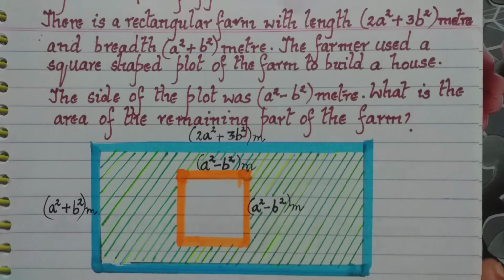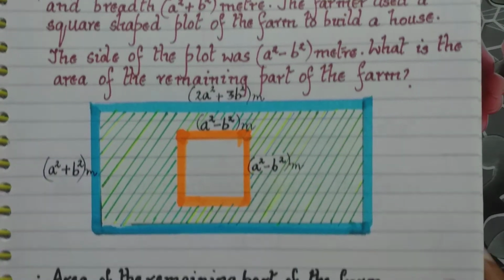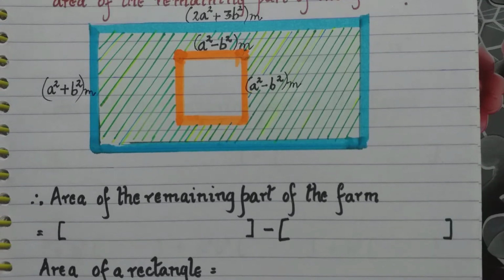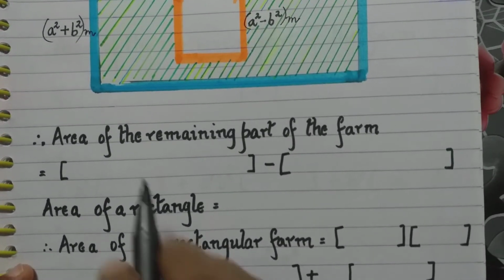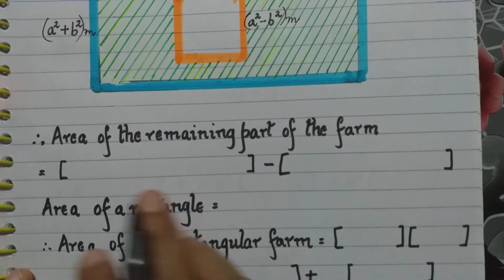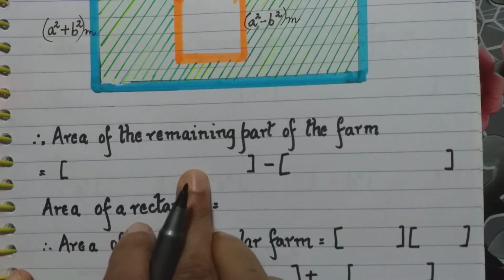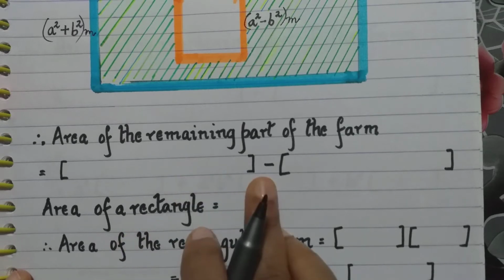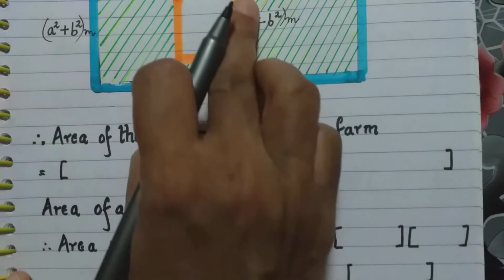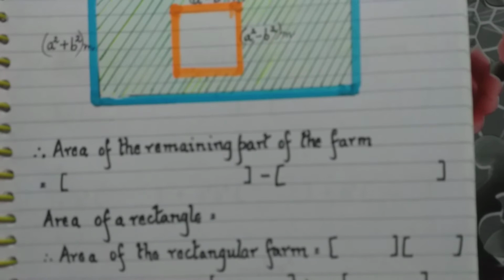So let us start the sum. First we will write how we are going to proceed. Now, area of the remaining part of the farm is area of the rectangular farm minus area of the square shaped plot.